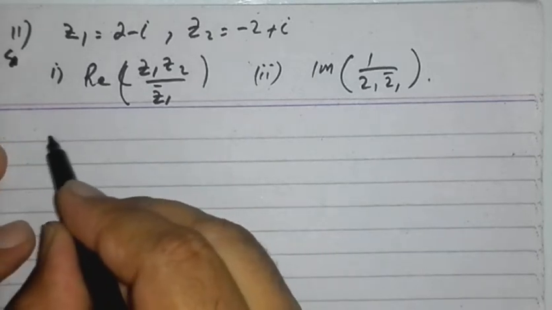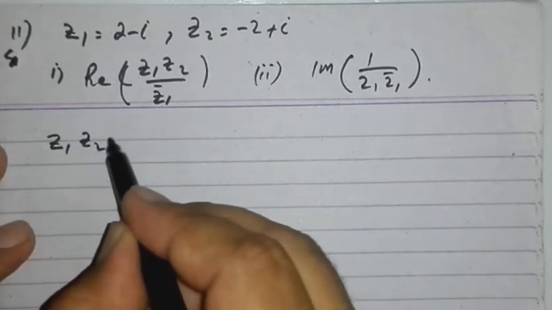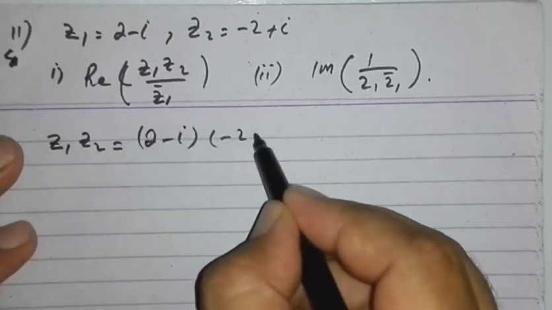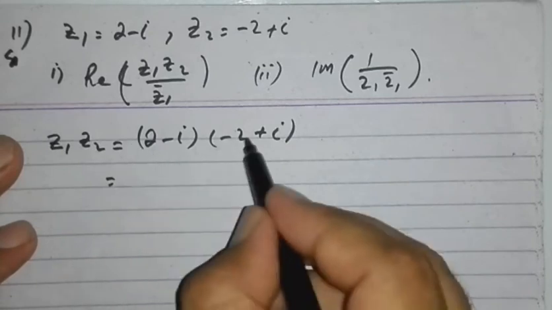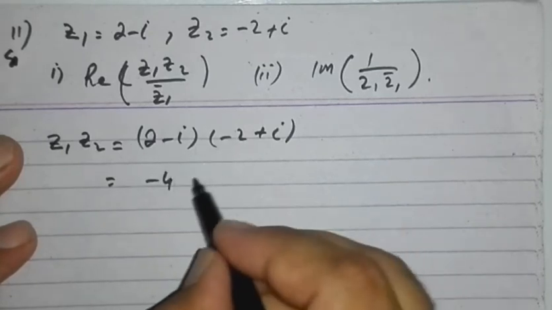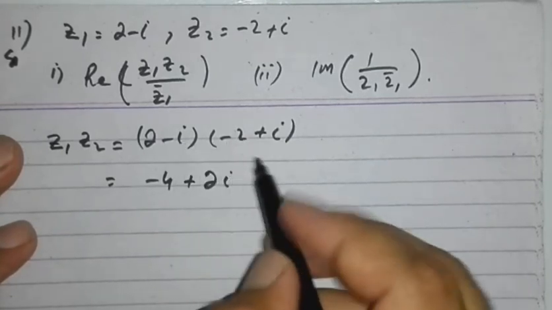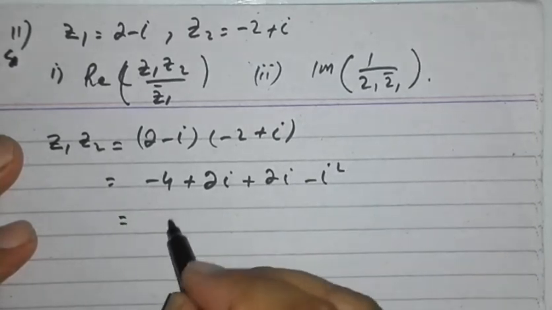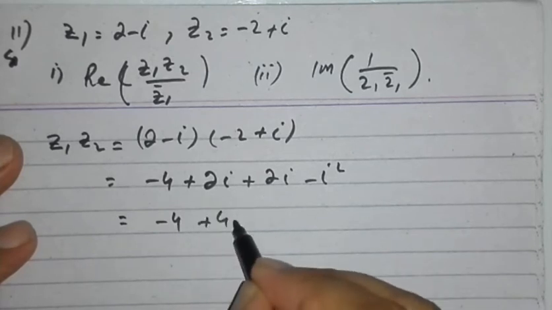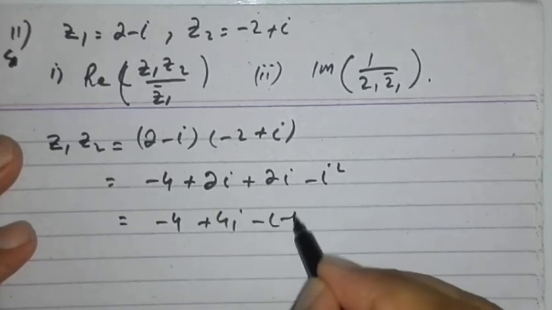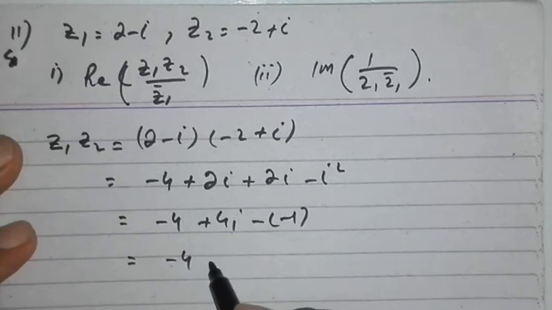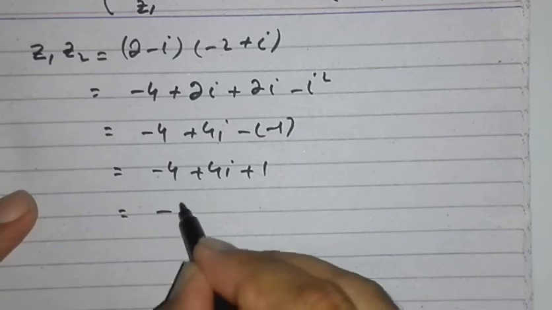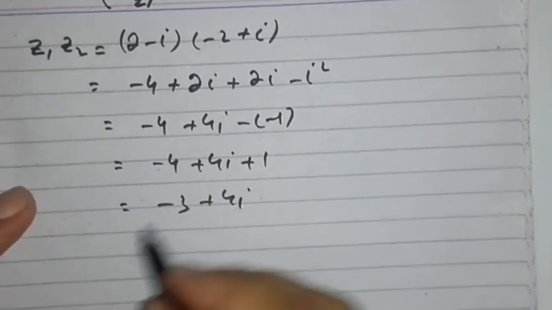So now first of all we will find Z1 Z2. 2 minus iota into minus 2 plus iota. 2 2s are minus 4 and plus 2 iota, minus into minus plus 2 iota minus iota square, minus 4 plus 4 iota minus iota square value is minus 1, minus 4 plus 4 iota plus 1, so minus 3 plus 4 iota.